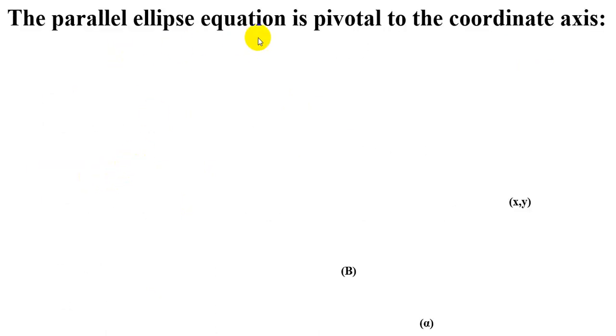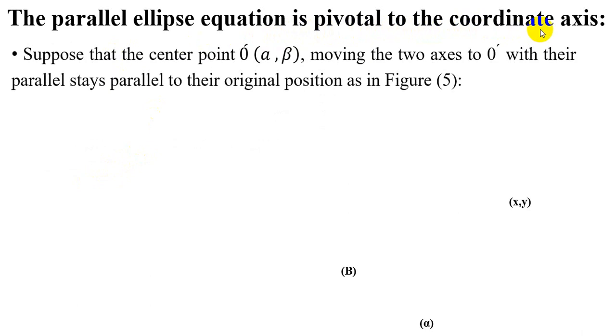Okay, now we want to get the equation of the parallel ellipse, whose axes are parallel to the coordinate axes. Supposing I have this point O dash, with coordinates alpha and beta, moving around O dash with the axes staying parallel to their original position in figure 5.